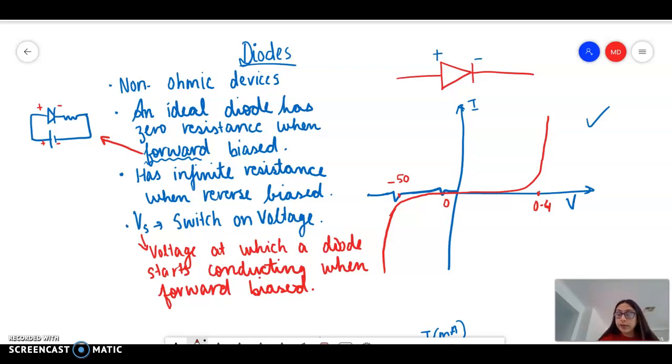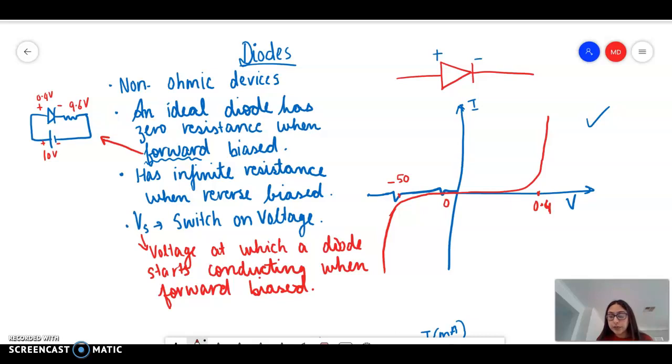However, once the voltage reaches 0.4, it shoots up. So the current increases, but you can see now the voltage isn't increasing. So if this diode is in the circuit, let's say you're applying 10 volts, the diode will only have 0.4 volts across it. The rest, 10 minus 0.4, will be 9.6 volts, shared by the other resistor, whichever is in the circuit.